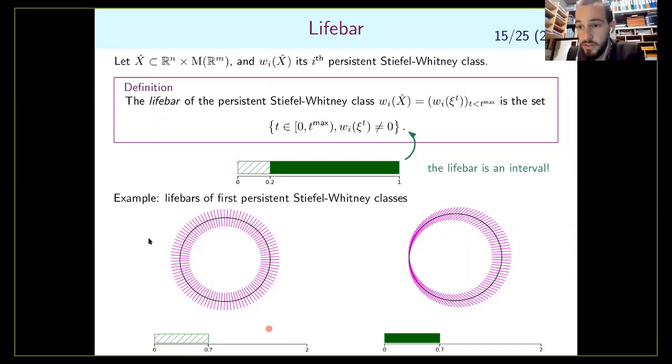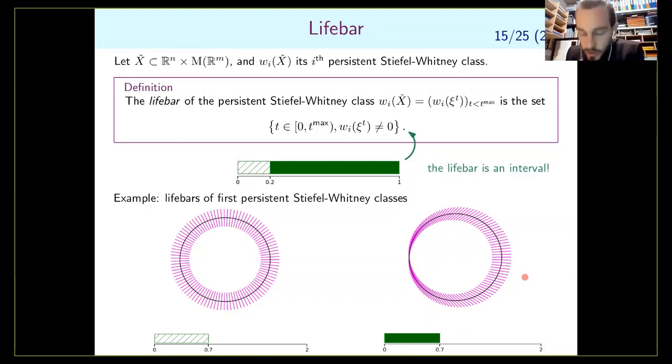The class is 0 all along the filtration. So this is consistent with the actual Stiefel-Whitney class of the normal bundle of the circle. If you take the Mobius strip, the lifebar of the first persistent Stiefel-Whitney class of it is the full interval. So the class is non-zero all along the filtration.